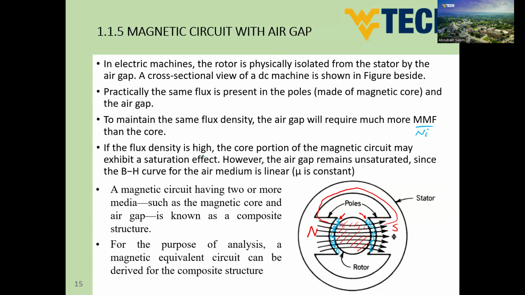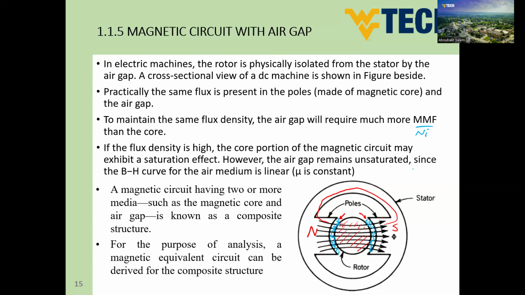If the flux density is high, the core portion of the magnetic circuit may exhibit a saturation effect. However, the air gap remains unsaturated. So this is one advantage of the air gap, guys. There is no saturation for the air gap. So whatever flux, it can increase if you have an air core. Okay.